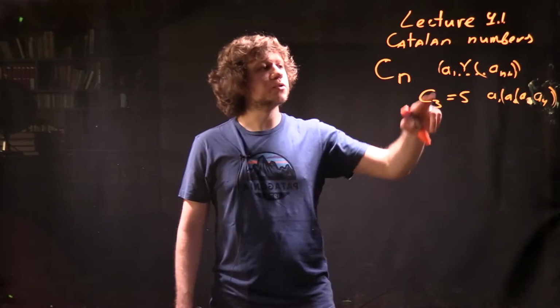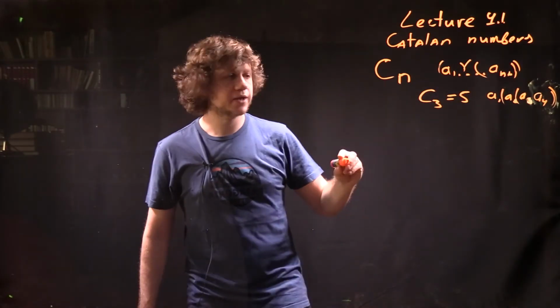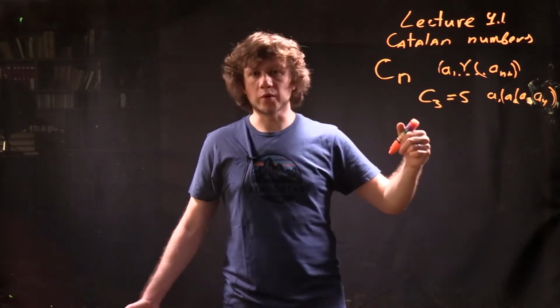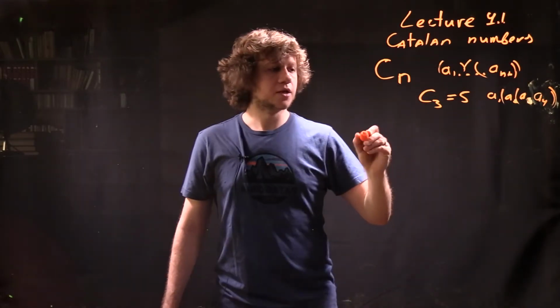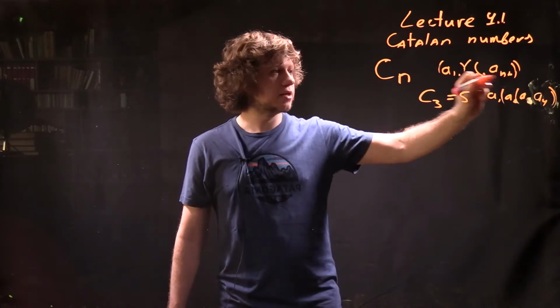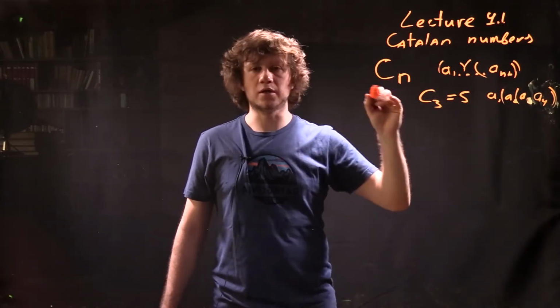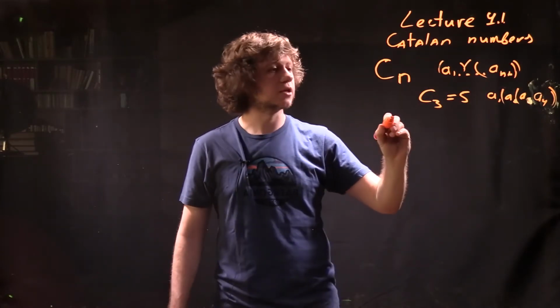I'm not going to use this interpretation, I will use another one. One of the problems in the next piece will be to construct an explicit bijection. But today we will instead work with another way to think about Catalan numbers.